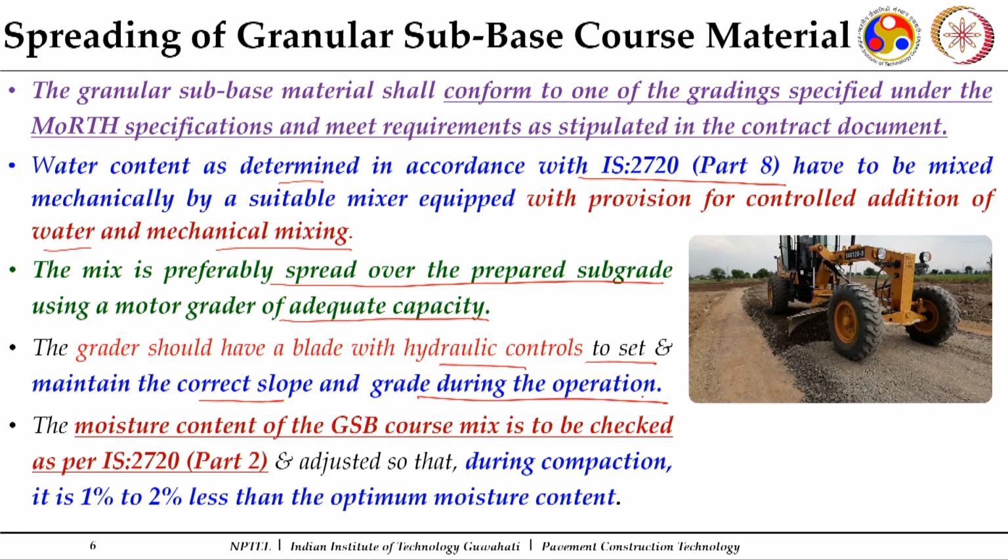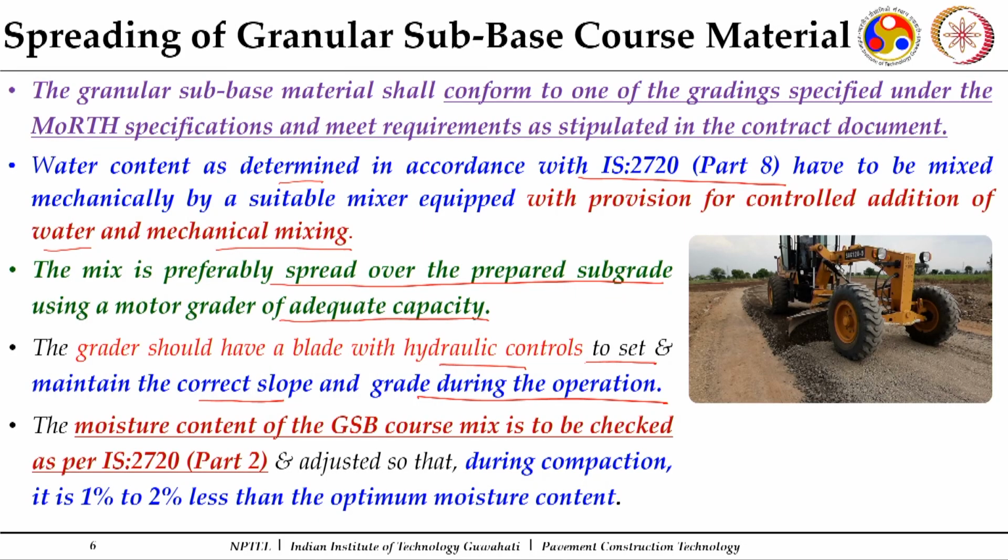the operation. As we have seen, when we are constructing 2 layers of sub-base, we will preferably go for the upper layer as our drainage course and the lower layer as filter course. When the thickness is less, a combination filter cum drainage layer can be provided.